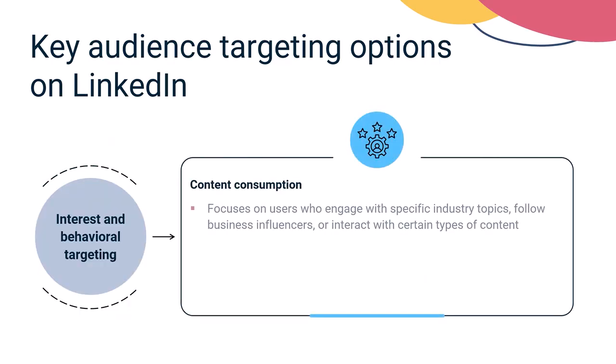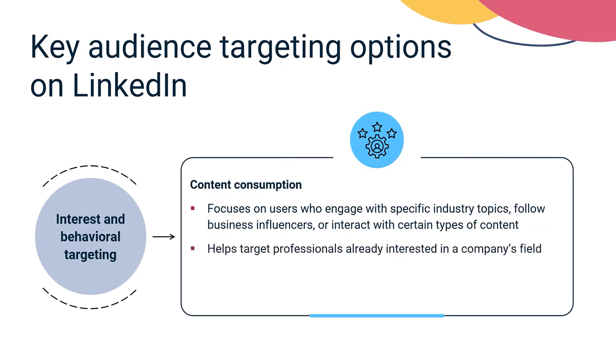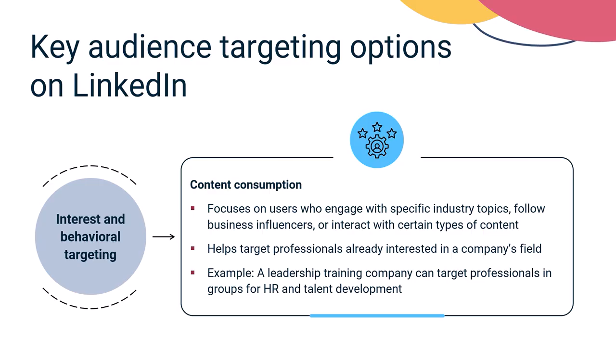Content consumption focuses on users who engage with specific industry topics, follow business influencers, or interact with certain types of content. This helps target professionals already interested in a company's field. For instance, a leadership training company can target professionals who are members of LinkedIn groups for HR executives and talent development professionals.